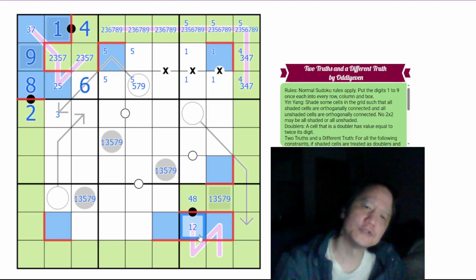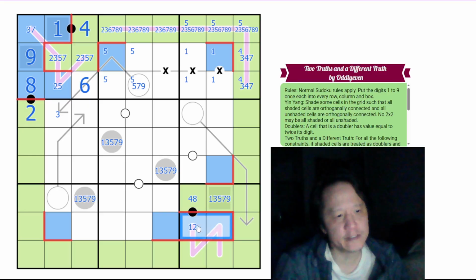Oh, that's interesting. Can this be correct if these are doubled and these are not? I don't think so, right? It would have to have two odd digits.